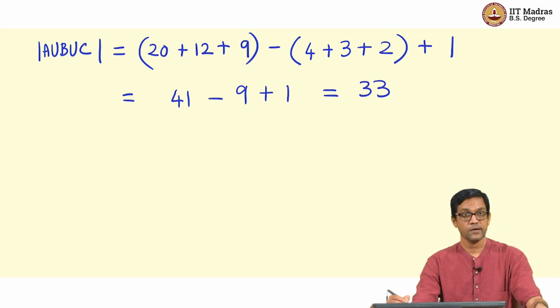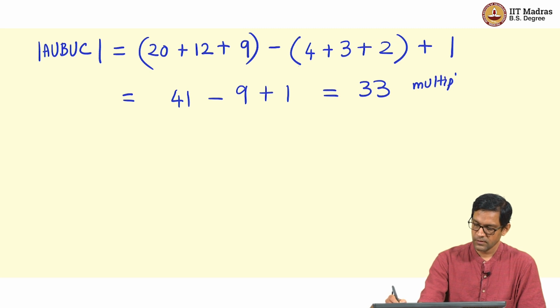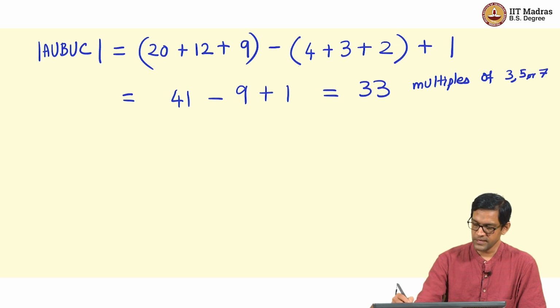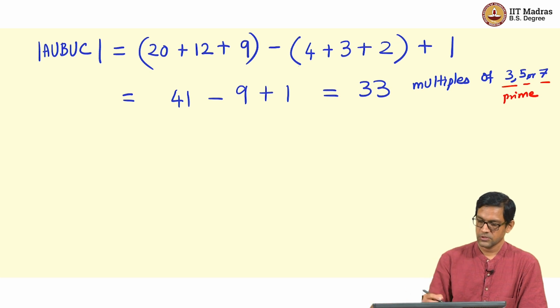So that is our final conclusion here, that there are 33 odd composite numbers, but not quite. These are 33 multiples that we have obtained of the numbers 3, 5 or 7, but 3, 5 and 7 themselves are not composite. These 3 are actually prime. So we have to subtract those 3 from this total.